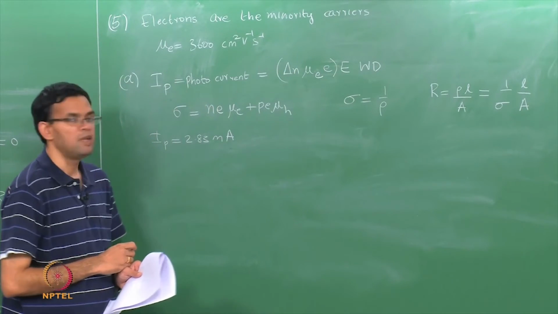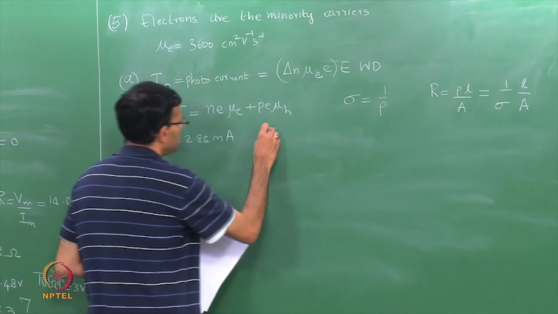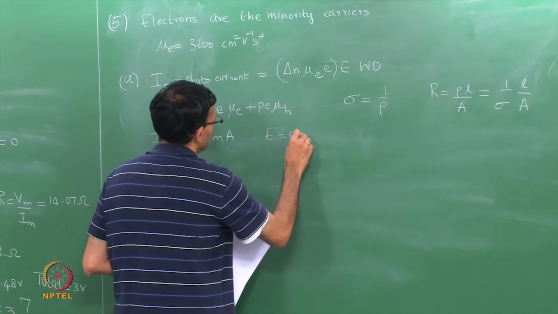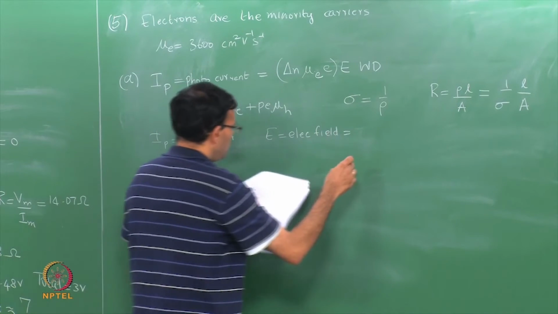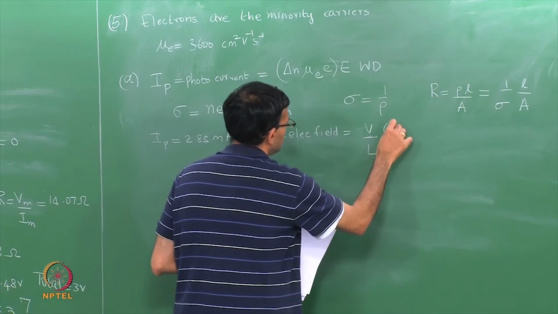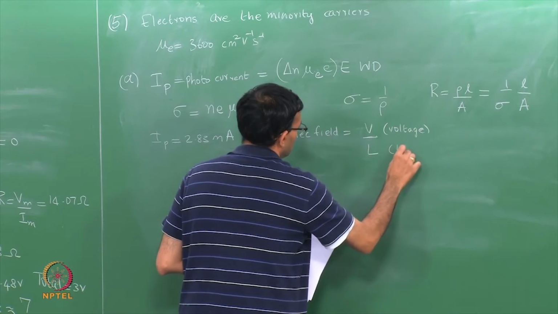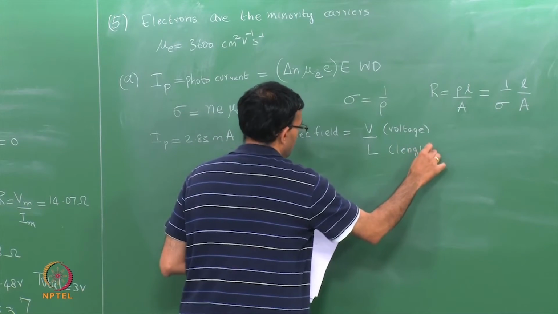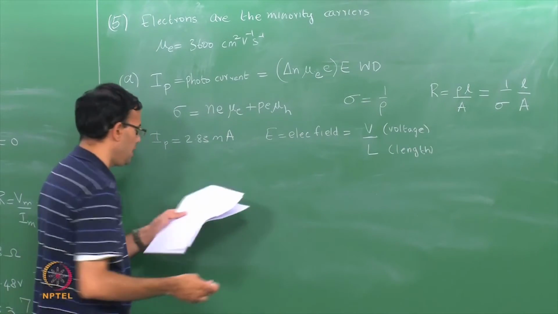The dimensions of the device are given, and E is the electric field, which is nothing but the voltage V divided by the length L. So, the only unknown in this expression is delta n.